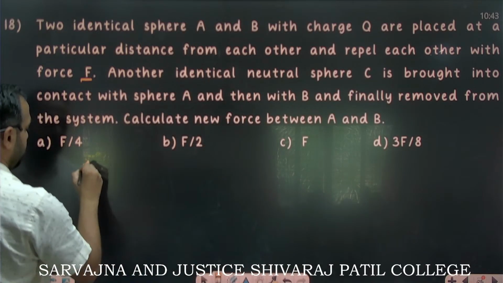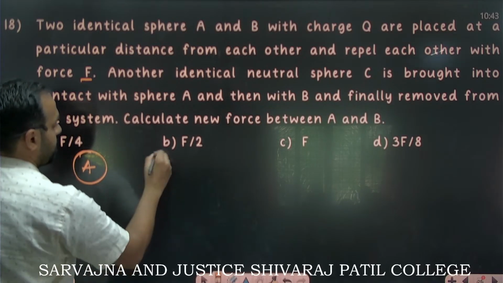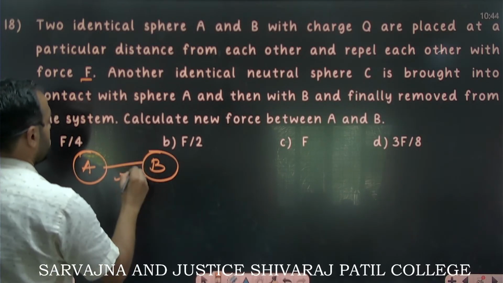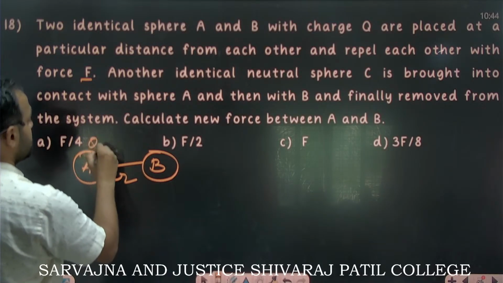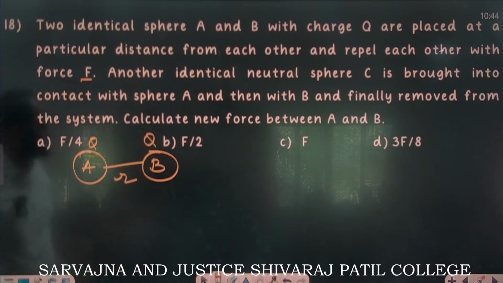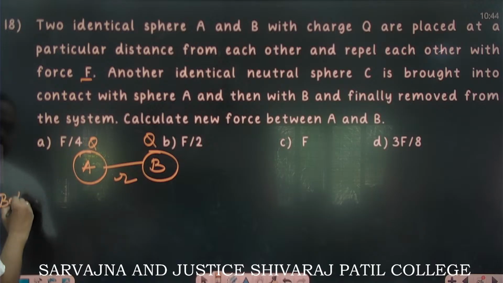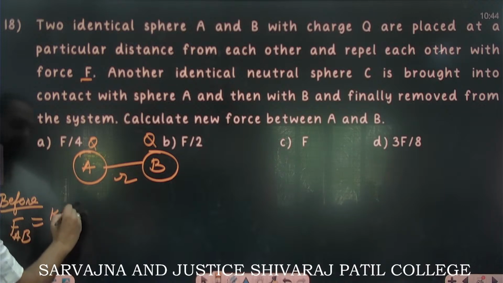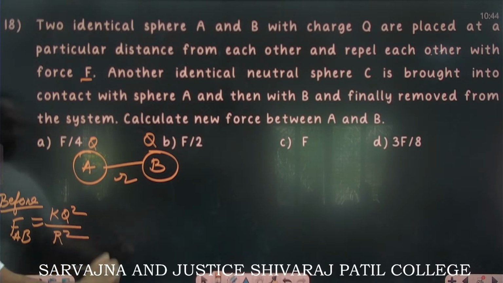A and B are at a certain distance R. Let's say the charge on them is Q and Q. Before anything, what is the force between A and B? Here it is K Q square divided by R square.